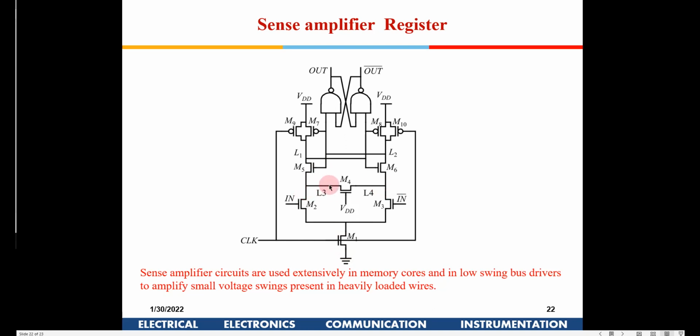Whenever the clock is low, all these have to be at the same potential, so that whenever the clock goes high, the necessary differential action takes place. So whenever the clock is low, M4 is switched on, providing a DC path from here to here, where these two node voltages will be made equal. Okay, so that is the purpose of M4.